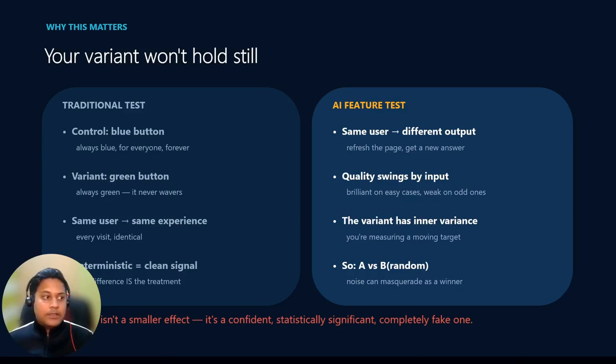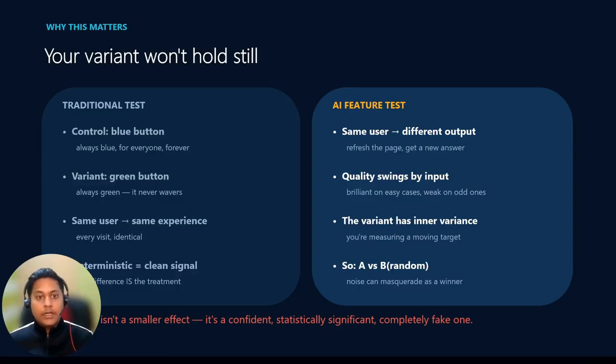Now, let's make this concrete, because once you see it, you can't unsee it. The left side is a traditional test. Control is a blue line, always blue for every user on every visit. Variant is green, always green, so the same user gets an identical experience every time.